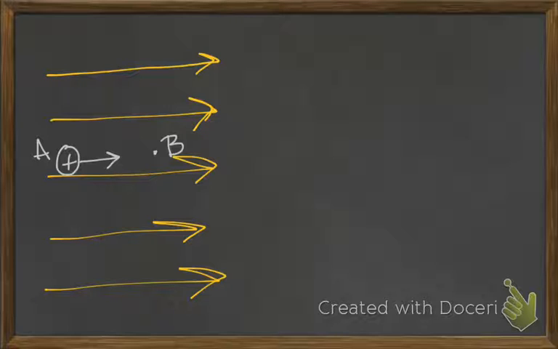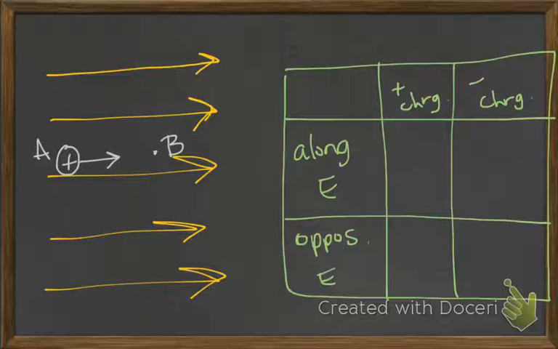But if it's a negative charge, you'll actually gain this electric potential energy. If we're dealing with moving in the opposite direction as E, so that's the opposite direction of your yellow arrows, if it's a positive charge, you will gain electric potential energy, whereas if it's a negative charge, you're going to lose this electric potential energy.